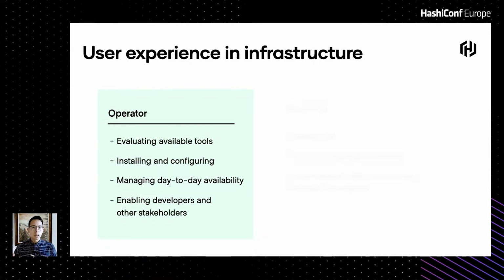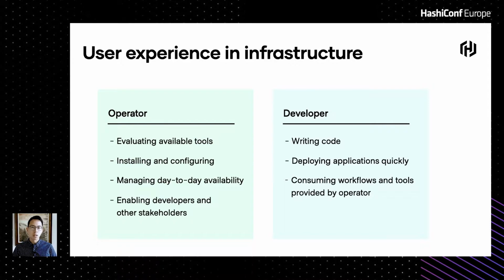Now, the second type of user in the world of infrastructure are developers, specifically software developers. The title and the responsibility of software developers has been largely consistent for the past several decades. The main job of a developer is to write code and ship applications that push the business forward.